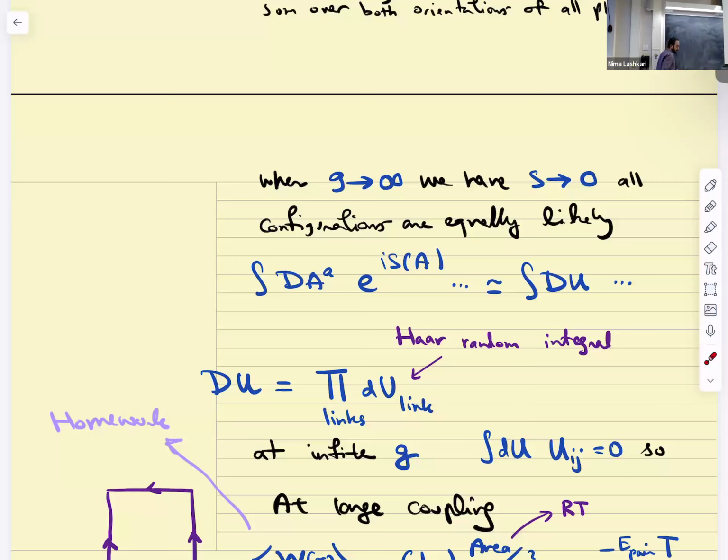SU(N) is a group manifold. It's a manifold, right? It's not SU(N), but think of it as something like this. Haar measure is a volume measure on this, which is uniform, which is left and right invariant.